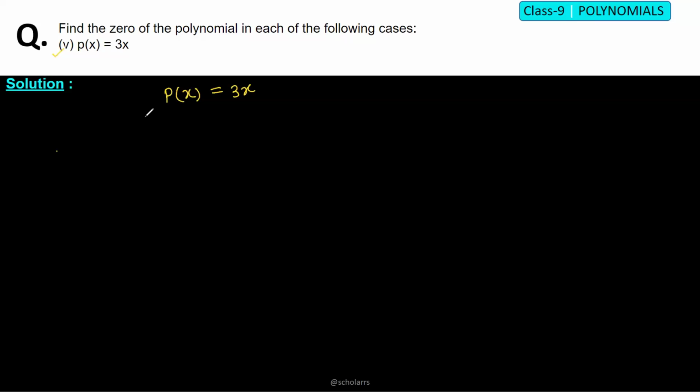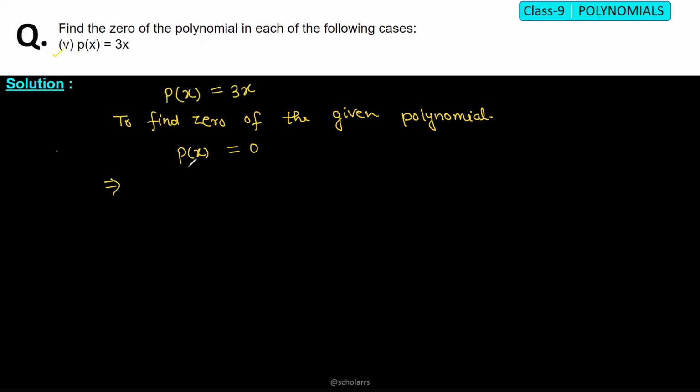Equate the given polynomial to zero. So to find zero of the given polynomial, what will we do? We have the polynomial p(x) given, and we will equate it to zero, right? It implies in the place of p(x) we can write 3x, because it is given in the question that p(x) is equal to 3x.